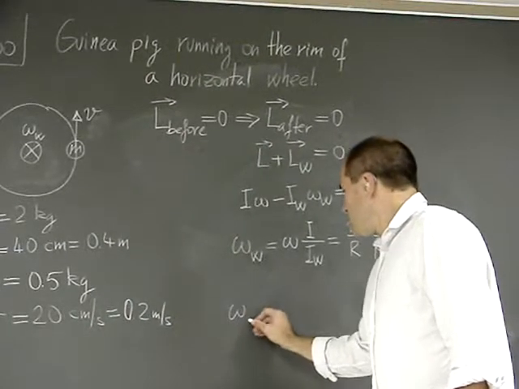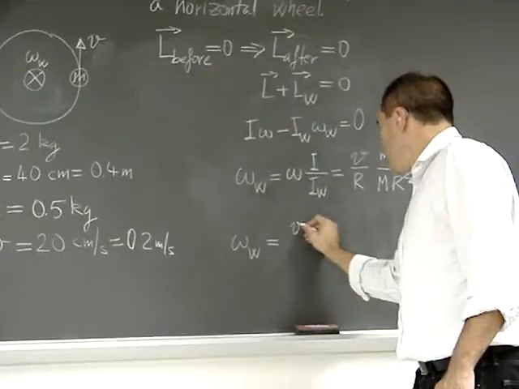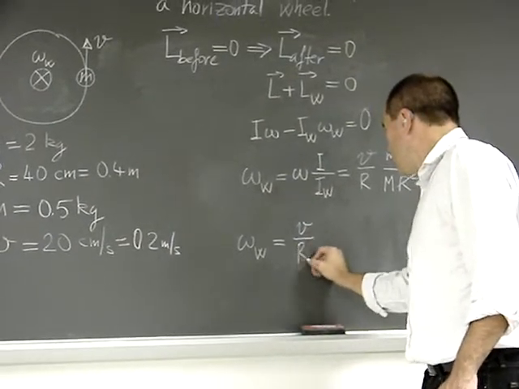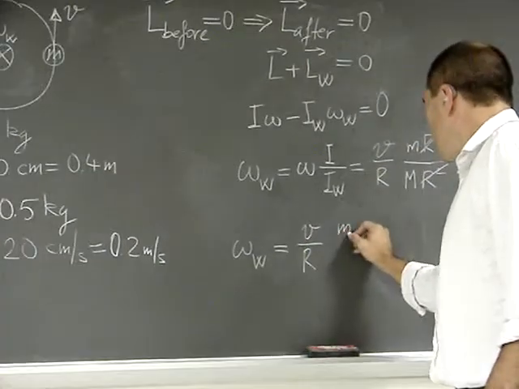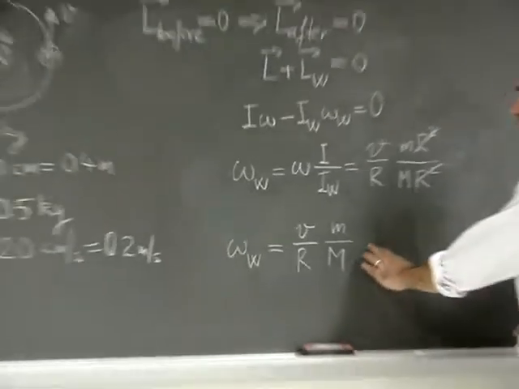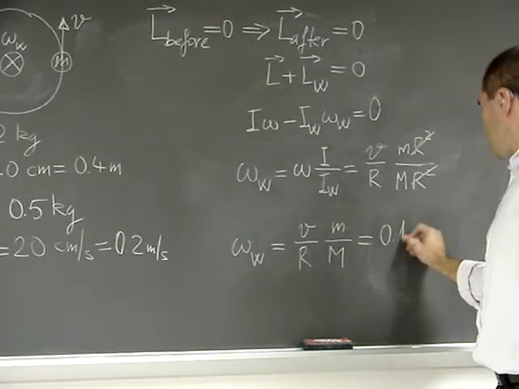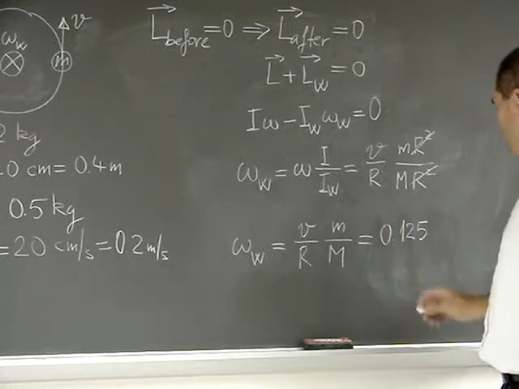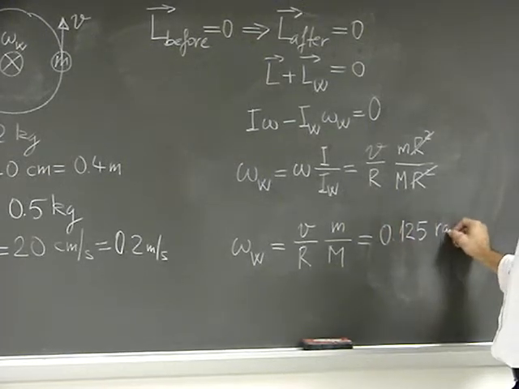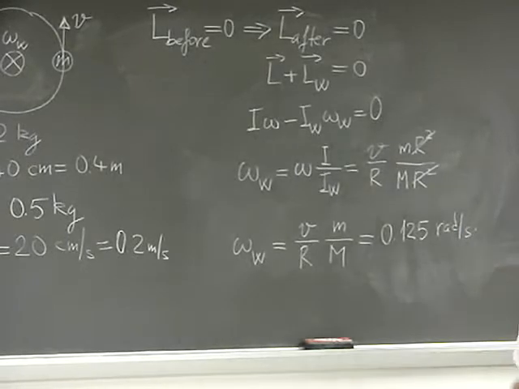I'm going to be left with omega_w equals v divided by R times small m divided by big M. I have all the numbers that I need now to find the numerical answer of 0.125 radians per second for the angular velocity of the wheel.